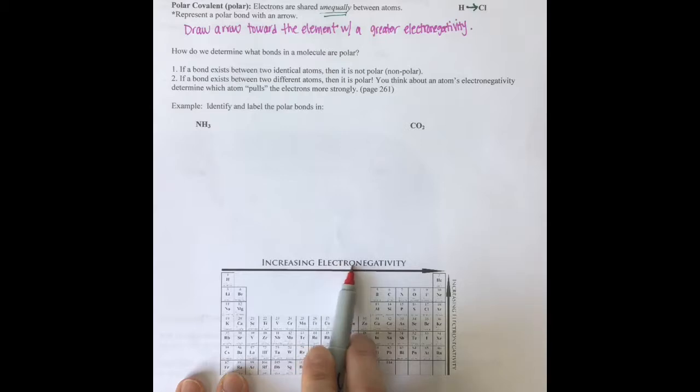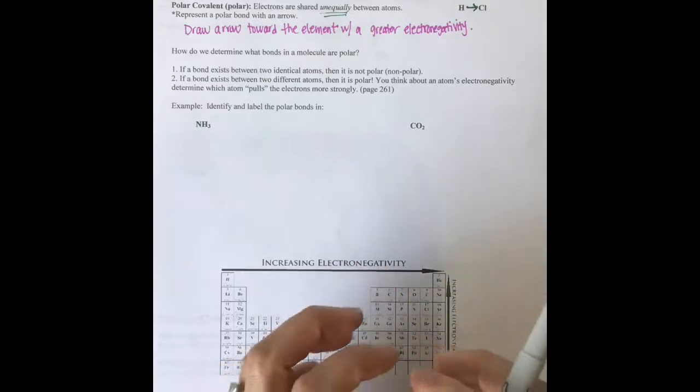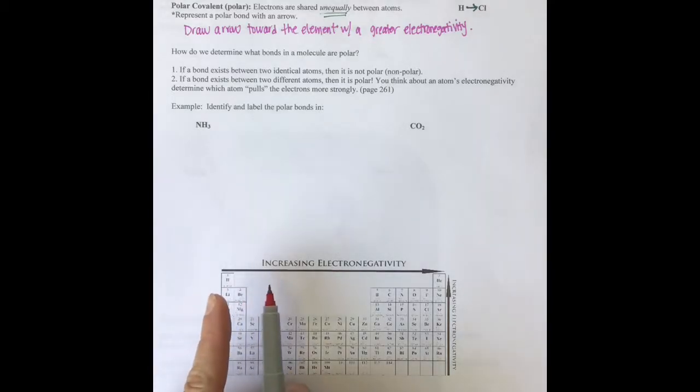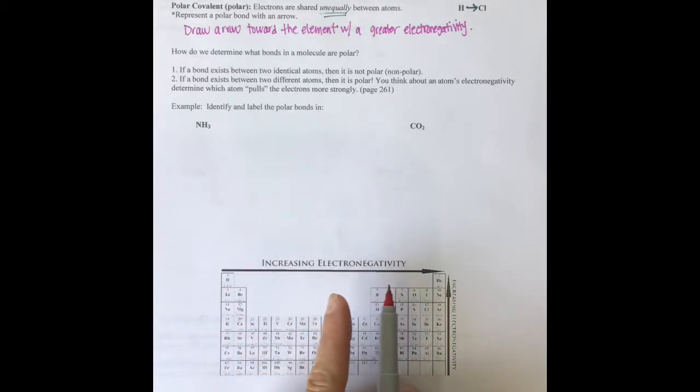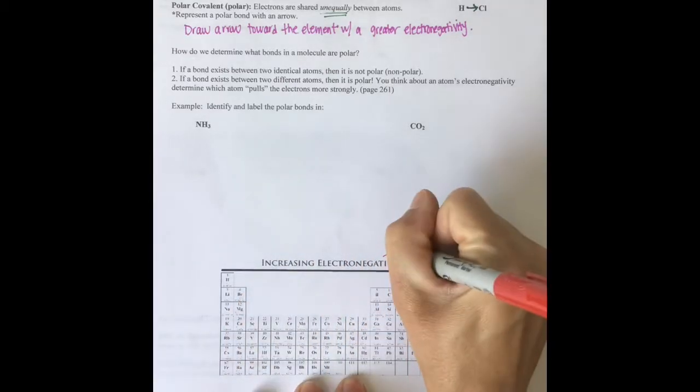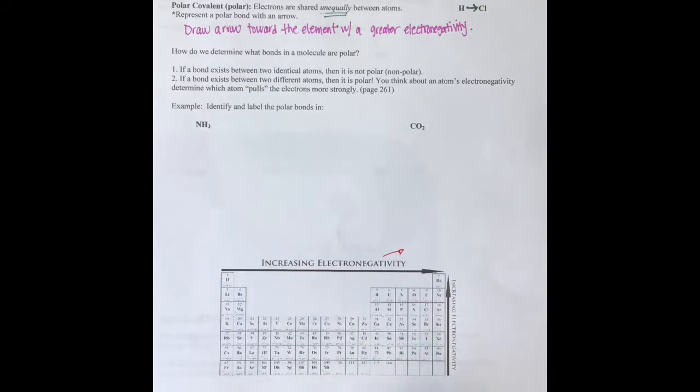If something has a high electronegativity, it really wants more electrons. Remember, these guys over here, they really don't. They want to actually lose electrons. And so that's why as you move this direction on the periodic table, the tendency to want to gain more electrons increases. Okay, so let's define this out to the side.